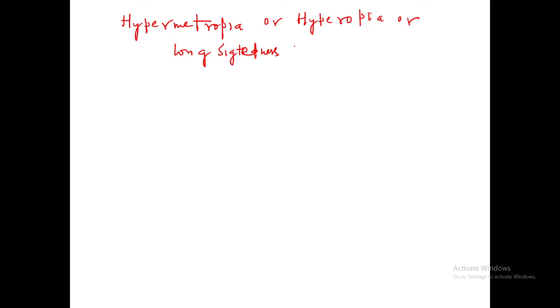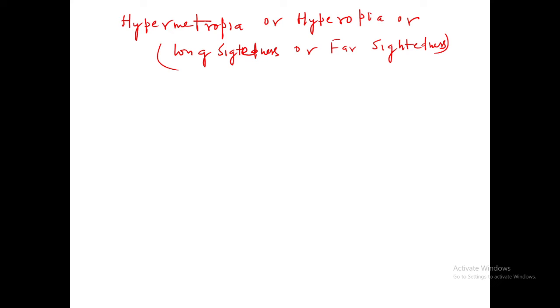So hypermetropia or hyperopia or long sightedness or far sightedness.